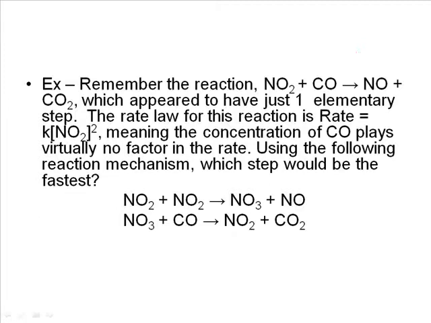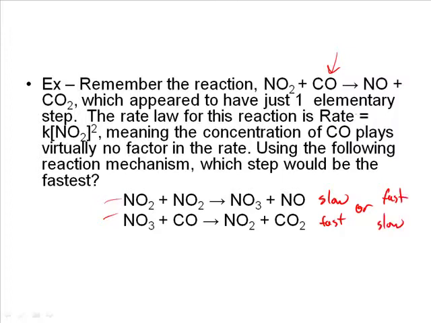We just talked about this reaction, NO2 reacting with carbon monoxide, and those were our two steps. It appeared to happen in just one elementary step, but we know the rate law is actually rate equals k times NO2 squared, meaning the concentration of carbon monoxide plays virtually no factor in the rate at all. So tell me, is this one slow and this one fast, or is this the fast step and this one the slow step?